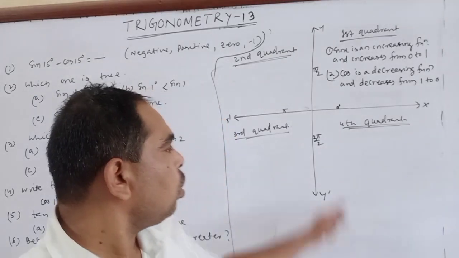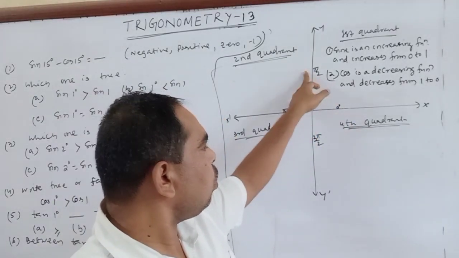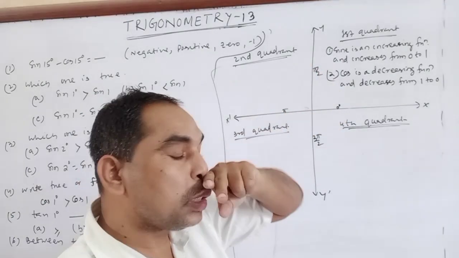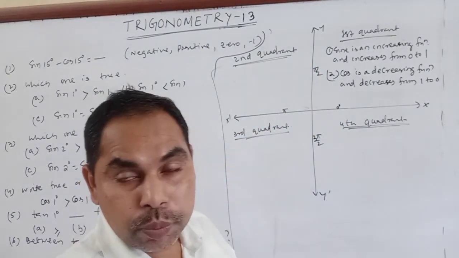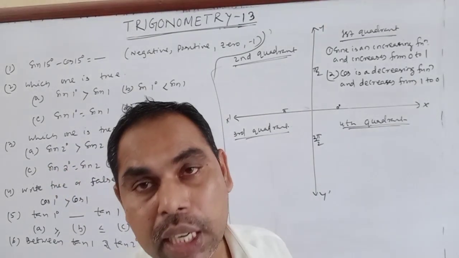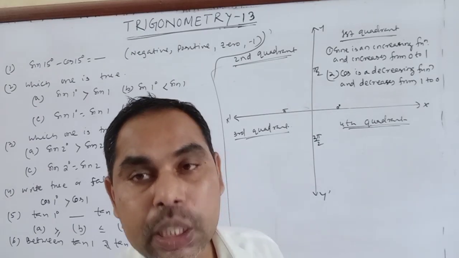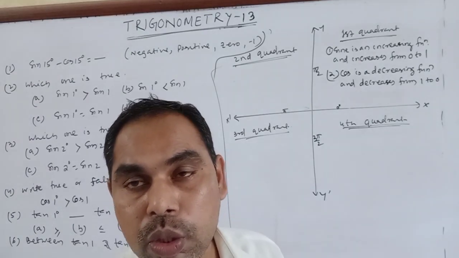So sin increases from 0 to 1, sin 0 is 0, sin pi by 2 is 1, but cos 0 is 1, cos pi by 2 is 0. So from 0 to pi by 2, sin is an increasing function, cos is a decreasing function. Particularly at pi by 4 both are equal: sin 45 degree is equal to cos 45 degree is equal to 1 by √2.